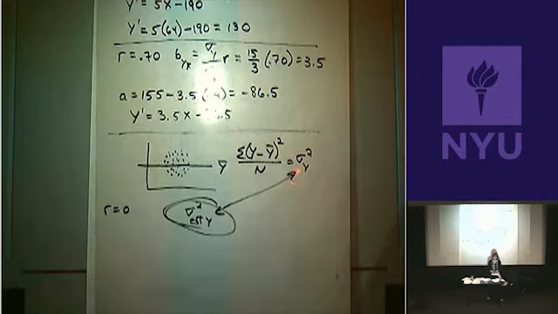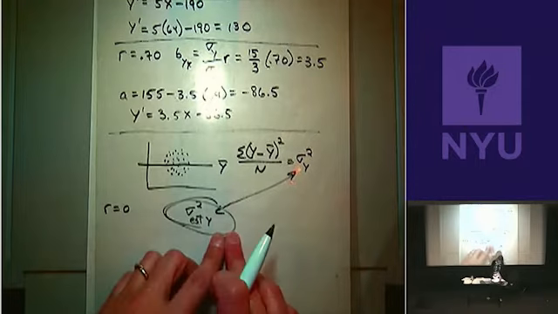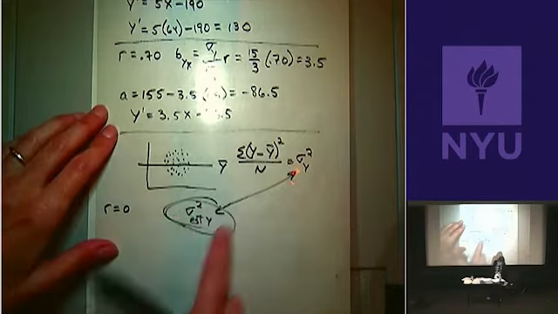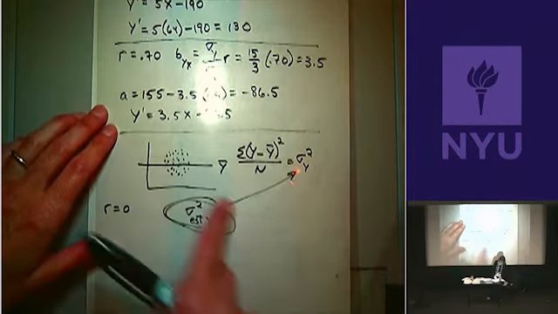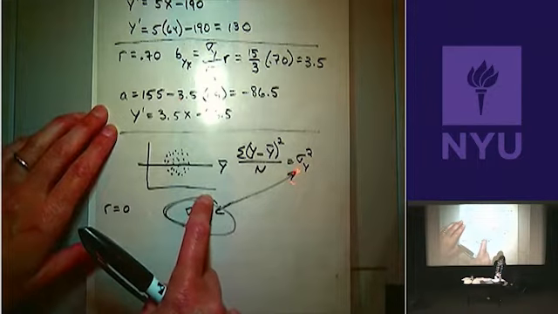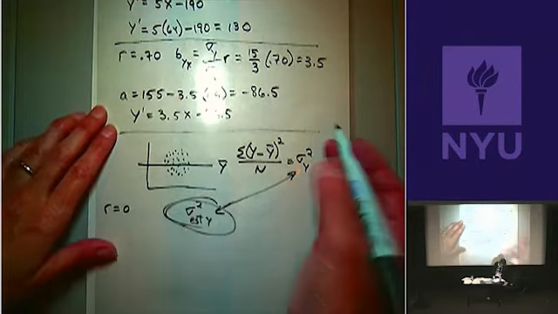But if your correlation is 0, that is, there's no relationship between these two variables, then the variance of the estimate is going to be the same as the variance of the y-scores. It doesn't help you. As your correlation gets bigger, the variance of the estimate gets smaller. And then that helps. Then it'll be smaller than the variance of the y-scores.